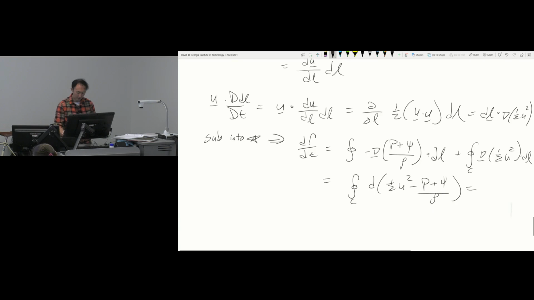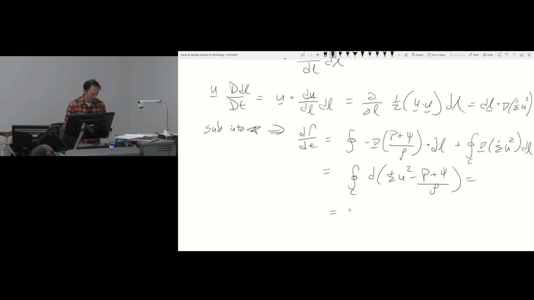And this is the Bernoulli equation, and we know that's not changing. In other words, the line integral, oh, sorry, this is not Bernoulli. The reason this is 0 is because it's a closed loop. Because whatever these quantities are, it's the same in the beginning as at the end. So basically that's not changing around a closed loop.